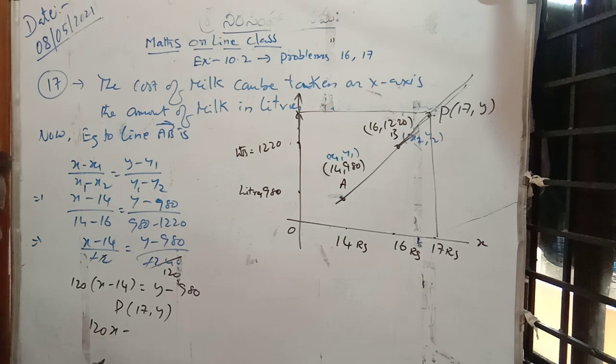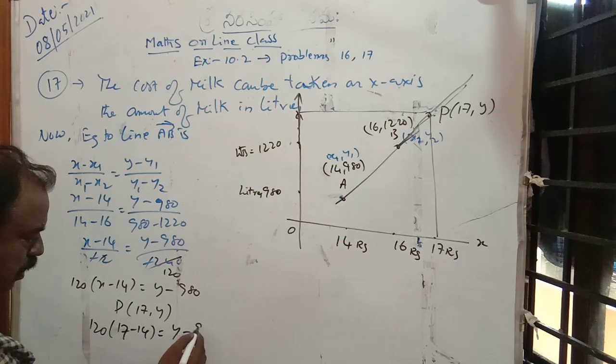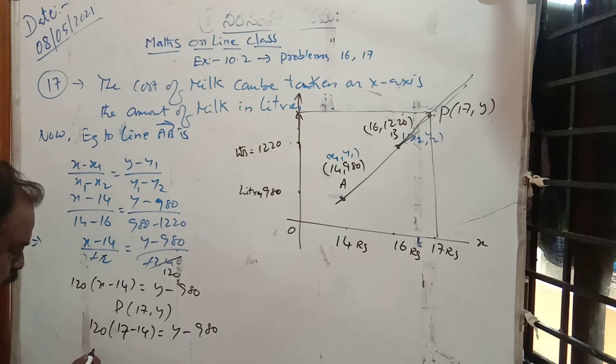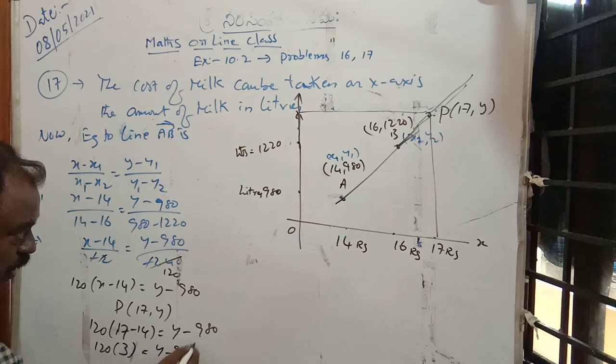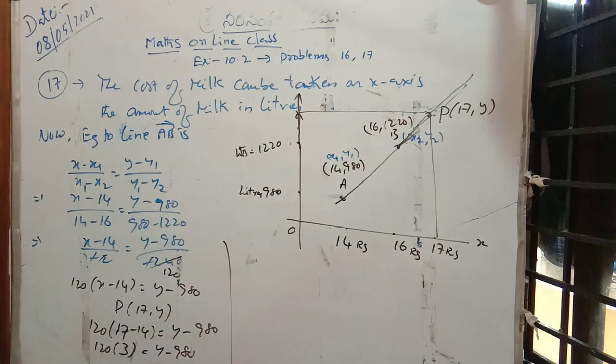120 into x minus, here what is x, we substitute 17 minus 14, the y minus 980 is as it is. It is 120 into 3, 17 minus 14 is 3. Why are you taking 17 instead of x? Because the point P is on that line. It is y minus 980. I will solve here.